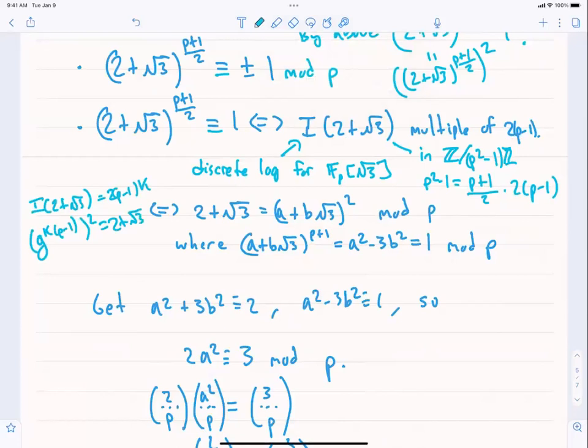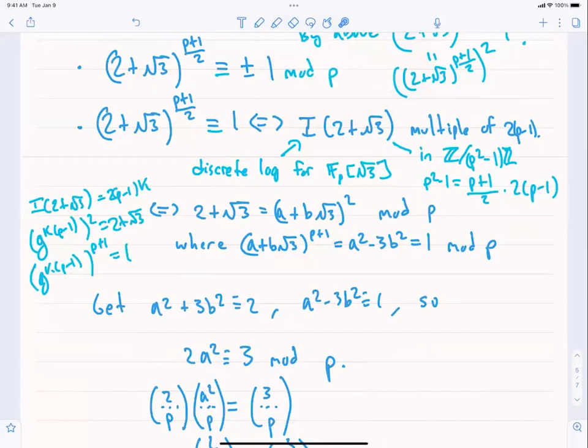So that gives me a square root of this. But g to the k p minus 1 to the p plus 1 is going to be 1, because this p minus 1 times this p plus 1 gives me p squared minus 1. So this a plus b square root of 3 is this g to the k times p minus 1.